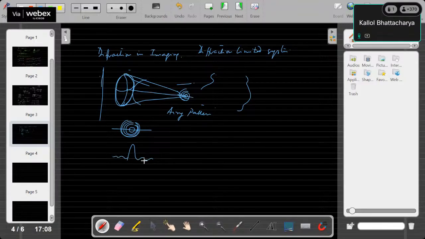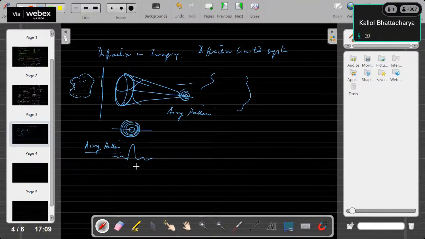This is called the Airy pattern, after Airy. So what we're expecting to be a point is now a patch of light. If you have an object here, an object is nothing but a collection of points of different intensity values, different amplitudes. Now, if each point is spread out like this, then you can understand that you cannot have full resolution of the object.